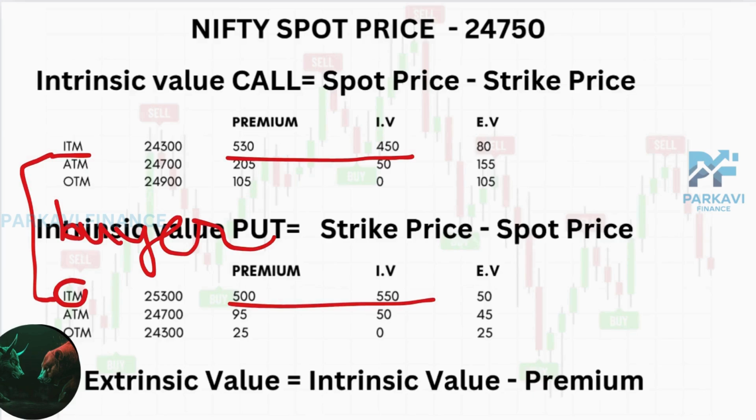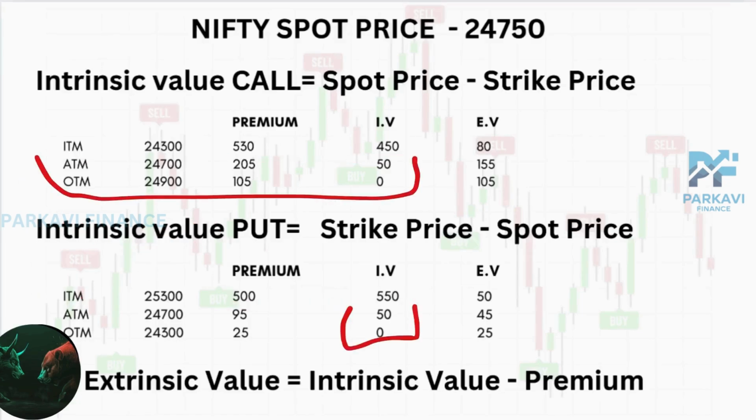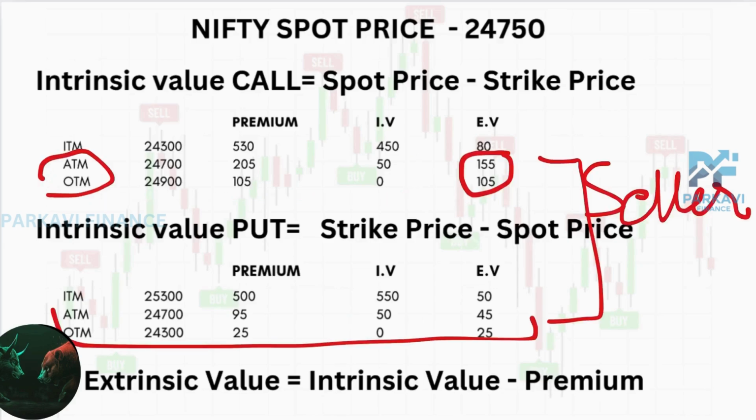If you are a buyer, we have to choose the in the money option because the intrinsic value is high. Even at expiry, it will not go to 0 value. If we are a seller, we have to look at the extrinsic value.